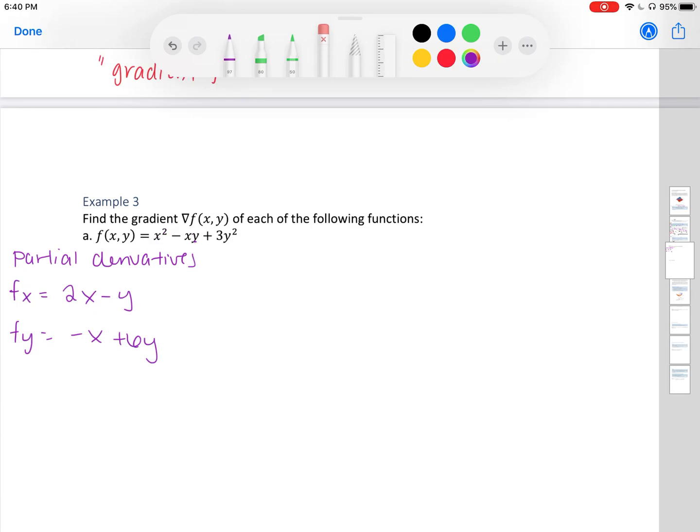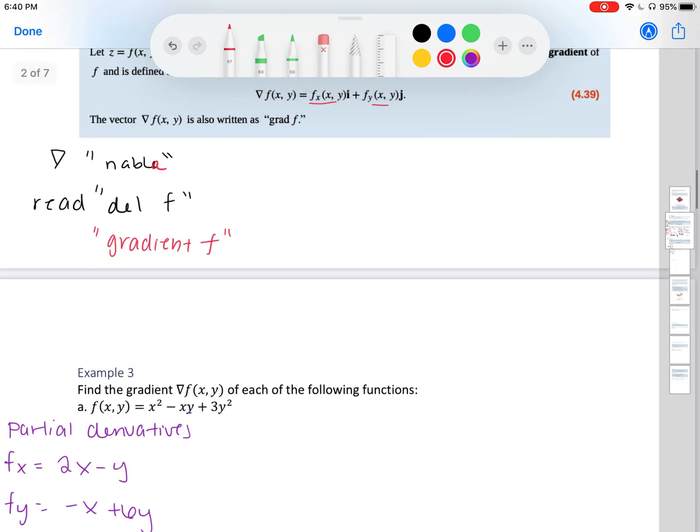Okay, now we want to write it. So our answer would be, yeah, you can see the definition right there. The gradient of f of x comma y is defined by 2x minus y times i, which is our partial derivative for x, plus negative x plus 6y times j, which is our partial derivative for y.